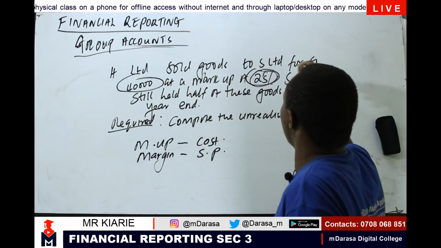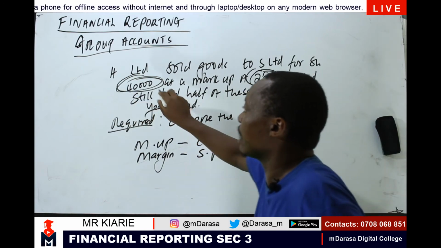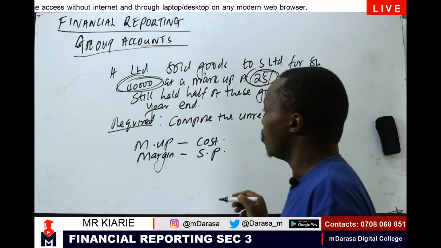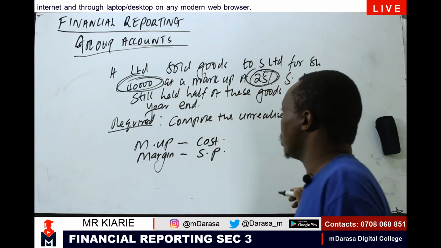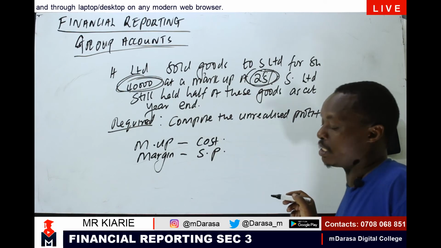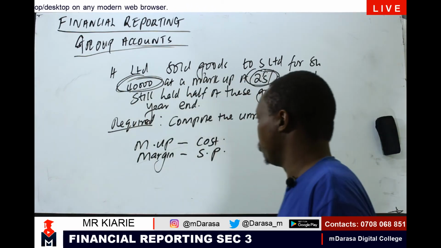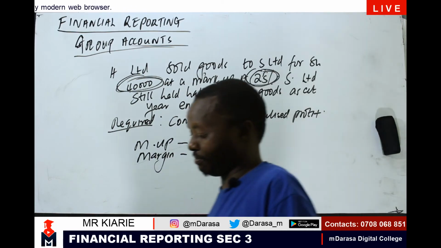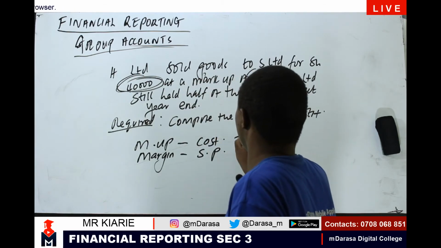H Limited sold goods to S Limited for 40,000. That means that the 40,000 is selling price. Therefore, for you to apply this 25% on the 40,000, you need to change the 25% to margin. How do we change markup to margin? 25% is equivalent to a quarter.